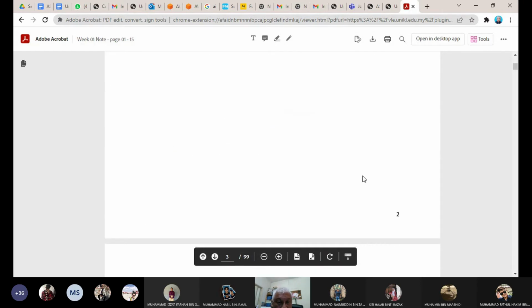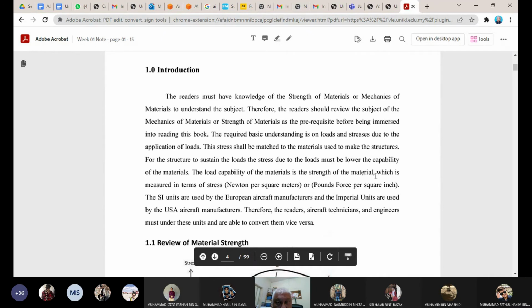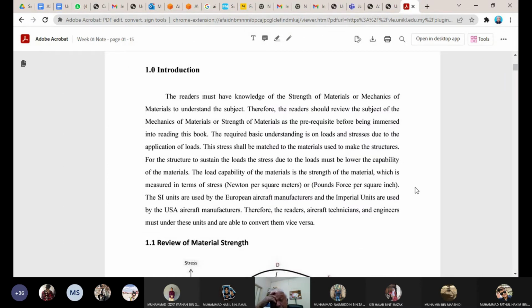Okay, next is the introduction. What you need to do is brush up your mechanics of material, which we have learned, I think, a few semesters ago or last semester, because this subject is the application of the mechanics of material. Whatever you learn in mechanics of material is applied in this aircraft structure repair.